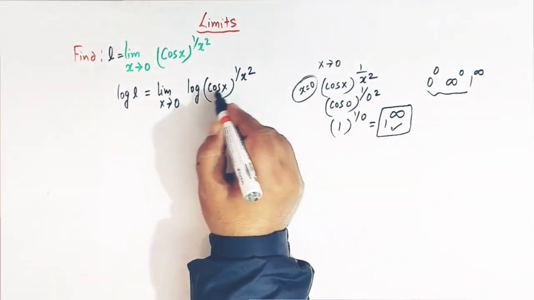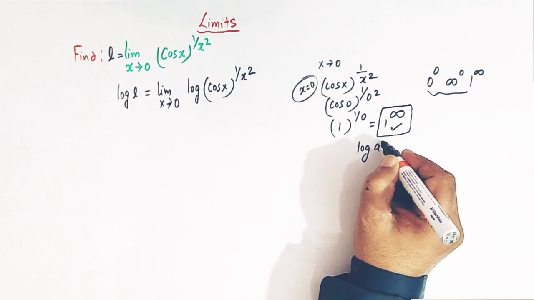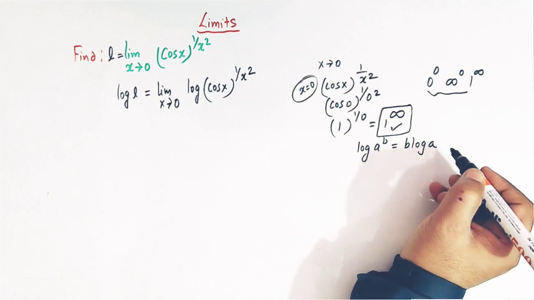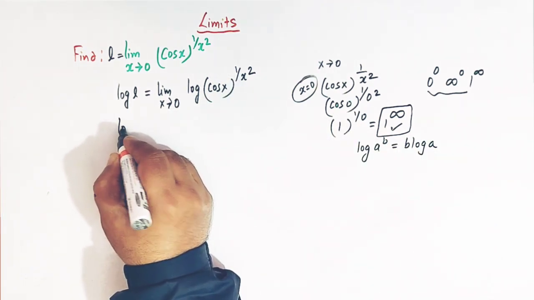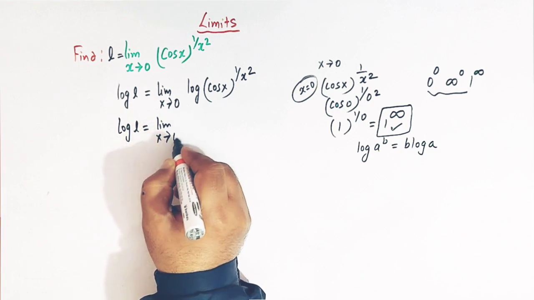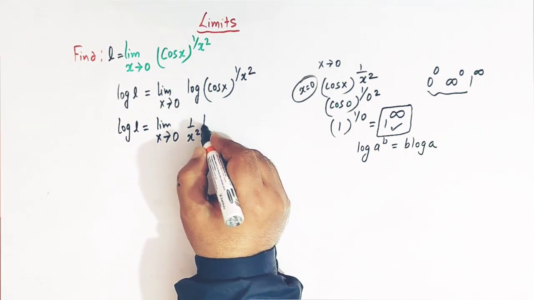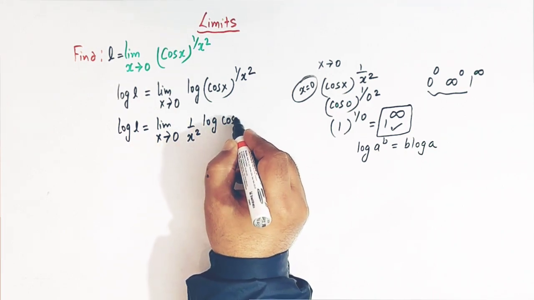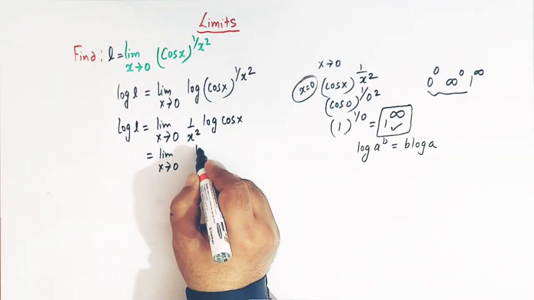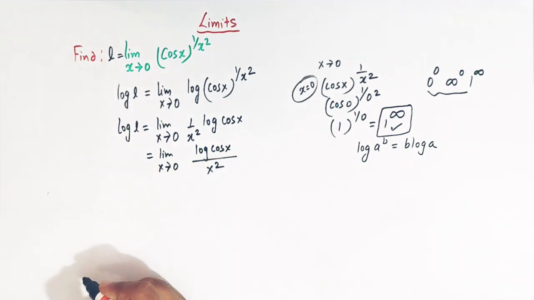And here we can make use of the property of log, that is log a raised to b is equal to b log a, right? So here we have log of L, that is limit x tends to 0, and we can now write 1 over x square, and here we have log of cos x, right? So we can also write this expression as log of cos x divided by x square, right?